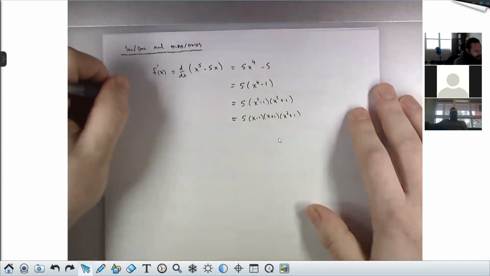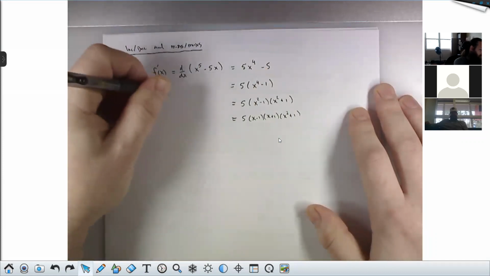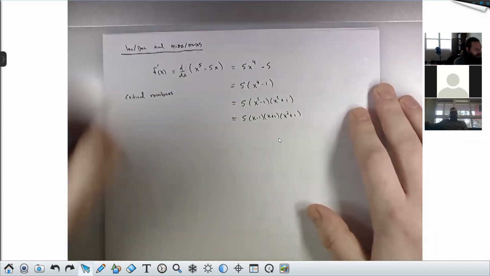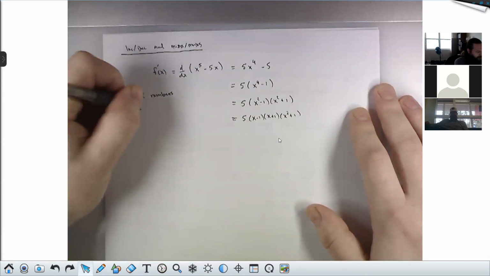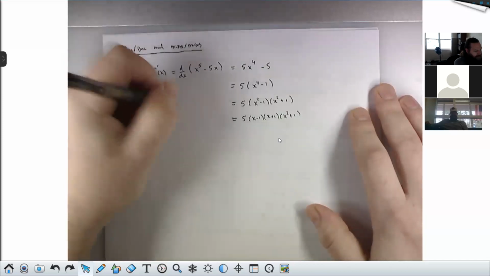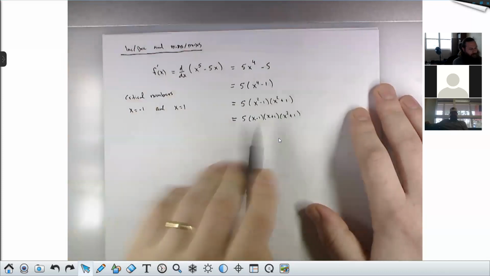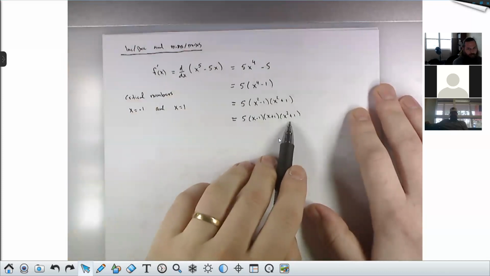So my critical numbers, which are the things that go on the number line for f prime, are x equals -1 from this factor, and x equals +1 from this factor. This guy doesn't give me any critical numbers because he's never equal to 0.